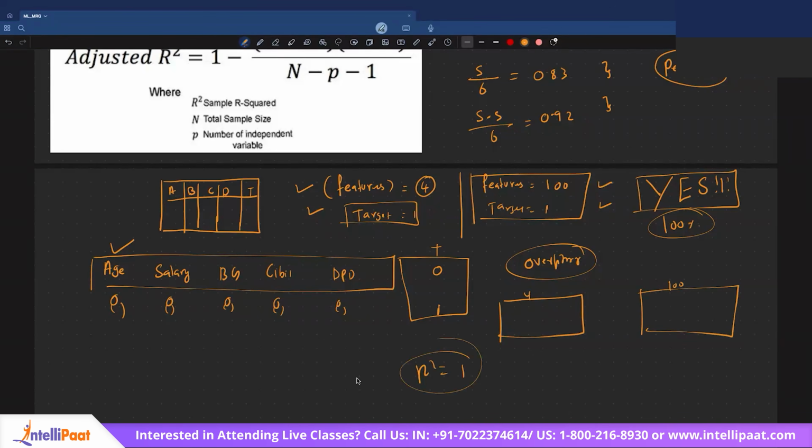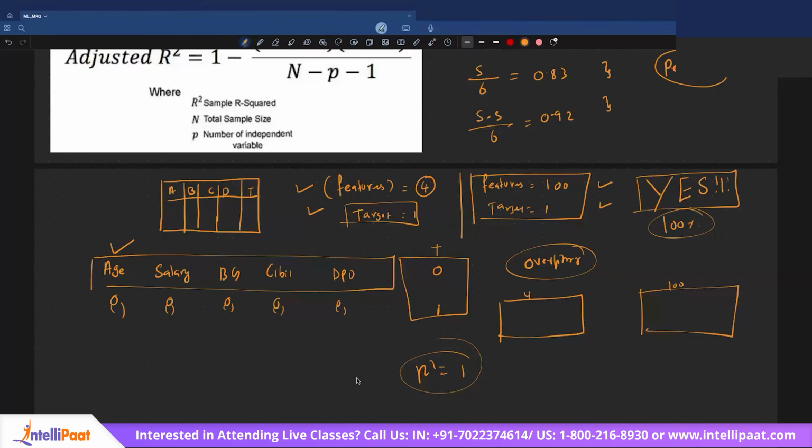So don't we want a true measure of R square? Even if the columns are 2000 tomorrow or 100 or 4, you give me the proper value of R square. You got what I'm trying to say?